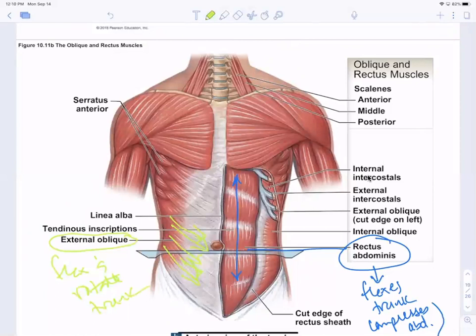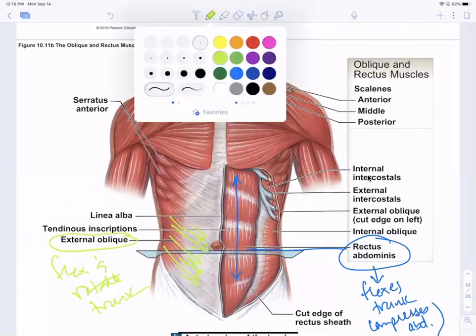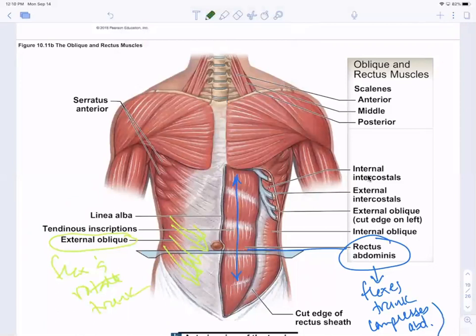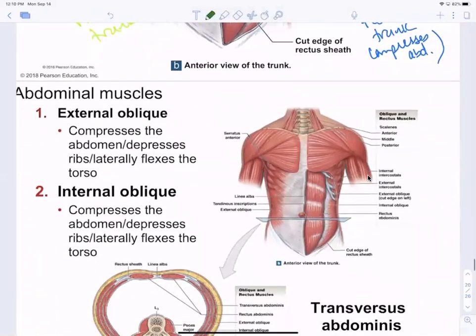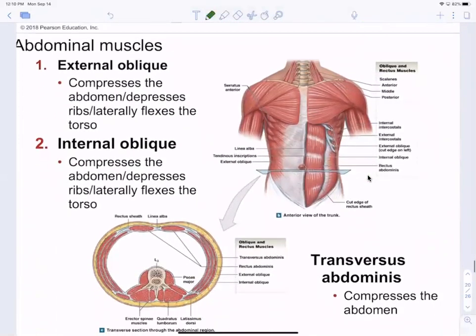The internal obliques as well kind of are going to go up somewhat in this position, and they are going to flex and rotate. The transverse abdominis is compression, and so the transverse abdominis is going to be in the transverse plane.